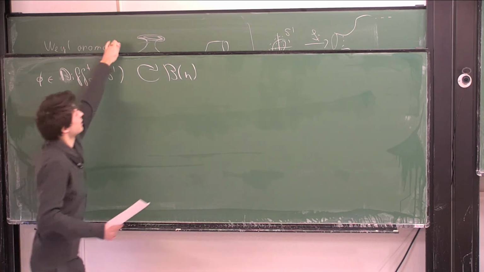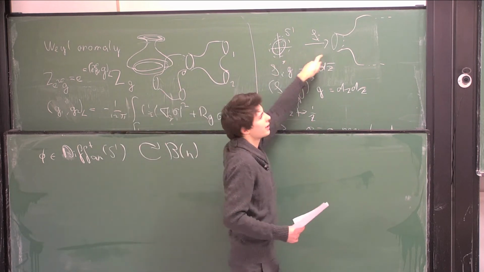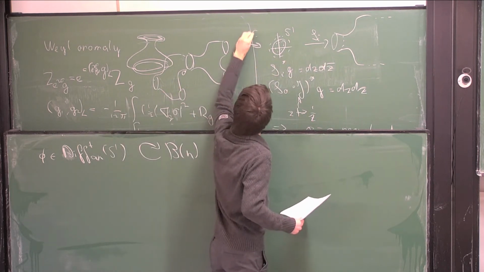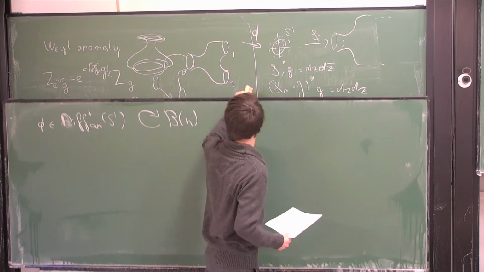So you take this boundary parametrization and you put some diffeomorphism of the circle along with it, so you get a new surface with a different parametrization.